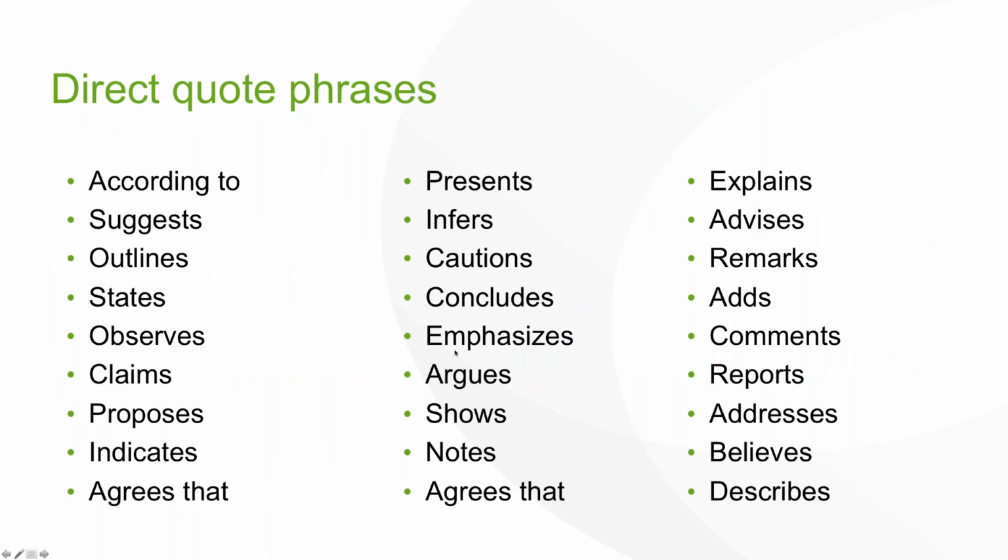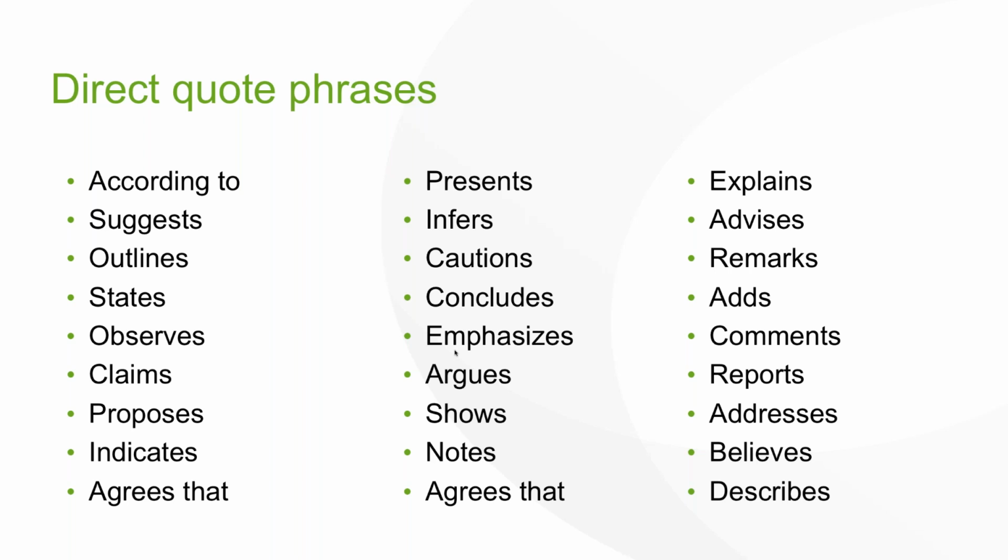So when it comes to direct quotes, you will have noticed that we put the name, the year that the content was published, the page, and then we can use wording as to what this person has done with that quote. So according to Brown, Simpson suggests, Thompson outlines, Cameron states.